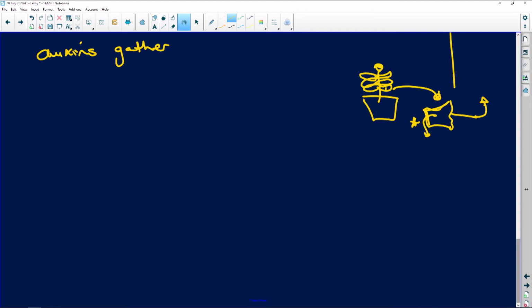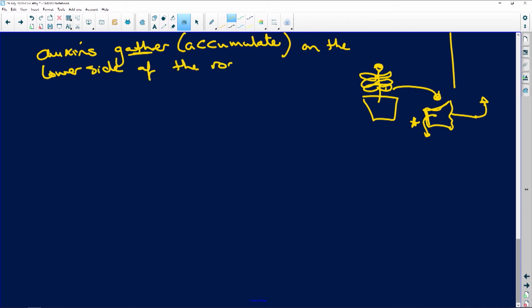Now another word for gather is accumulate, but accumulate is a difficult word. But you can also just say gather. All right. They accumulate or gather on the lower side of the root.